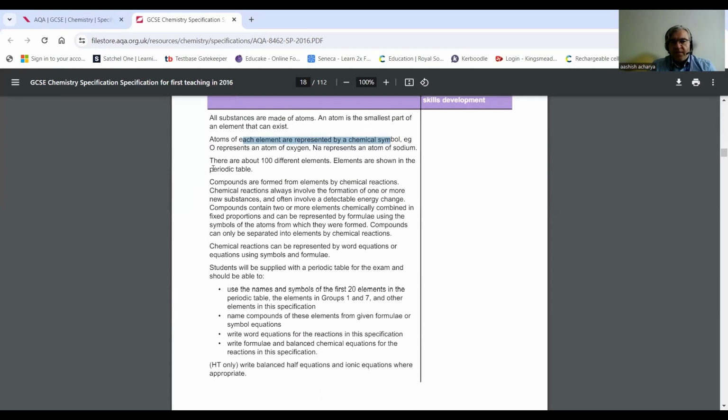If we go a bit further forward, it's talking about compounds being formed from elements by chemical reactions. Here, chemical reactions can be represented as word equations or chemical symbol equations using formulae.